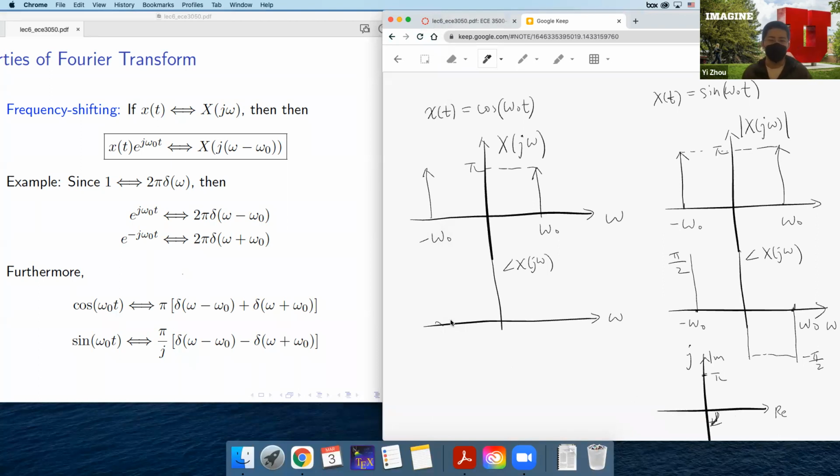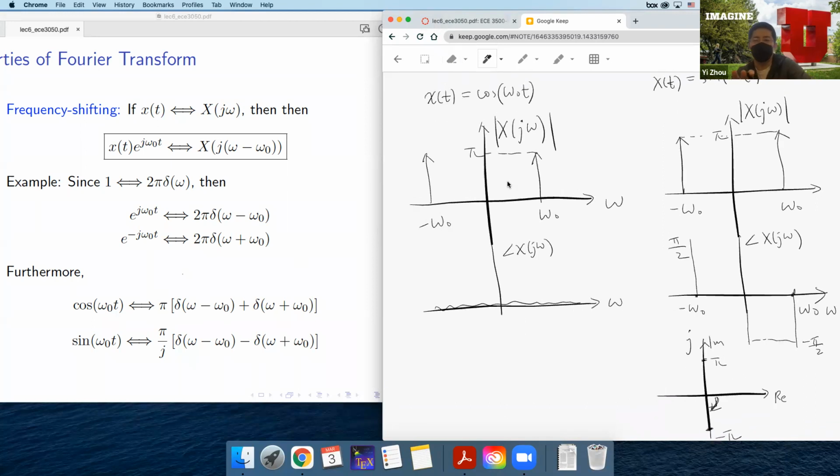So that means the phase are all 0. And because the coefficient is positive, the spectrum is actually equivalent to the magnitude spectrum. Therefore, you can see that sine and cosine, their magnitude spectrum are the same. It corresponds to a pair of impulses symmetrically located at omega naught and negative omega naught. But their phase are completely different.